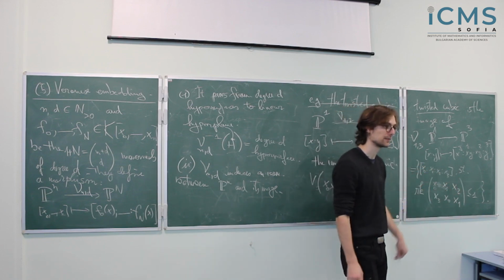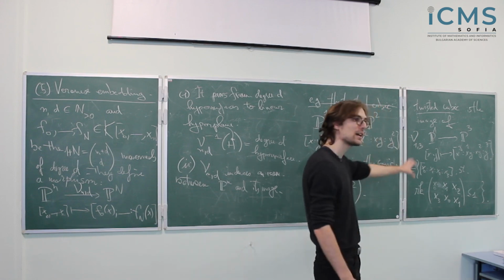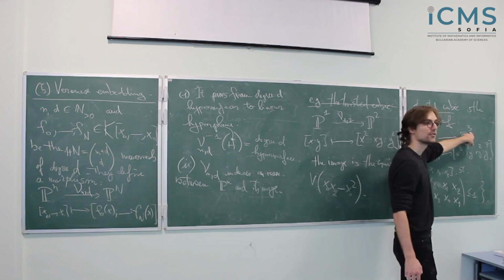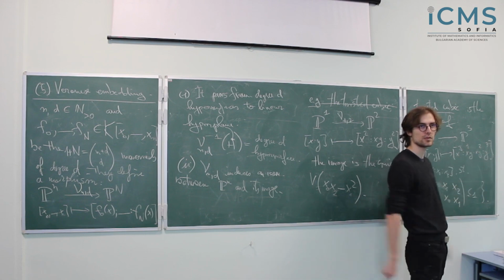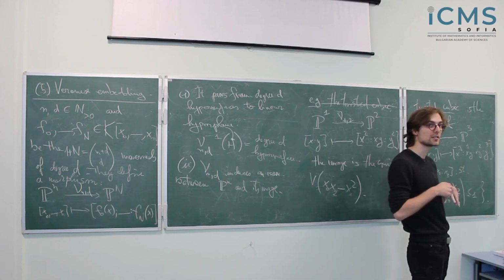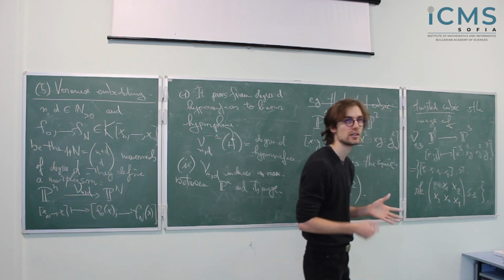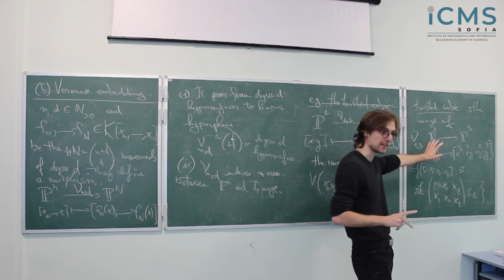Particularly, this is not a complete intersection. You have 3 equations for something which should have 2 equations. So it's a curve. You'd imagine, since you only have it in space, you need only 2 equations. It turns out that you can do some polynomial manipulations to obtain only 2 equations, set theoretically.